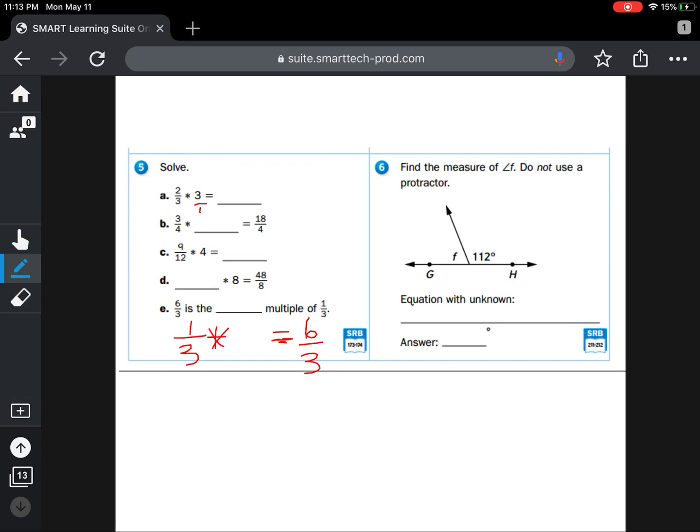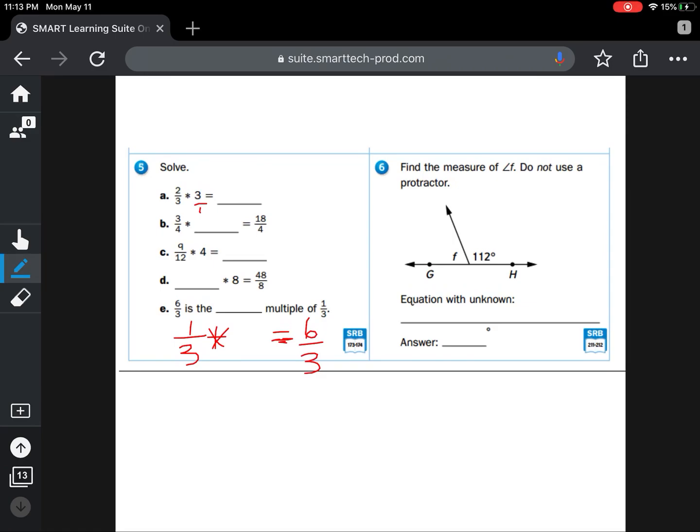Think about the multiples. If you're counting by 1/3, 1/3 is the unit fraction. How many 1/3s would you need to get 6/3? How many multiples of 1/3 would you need to get your answer to be 6/3?